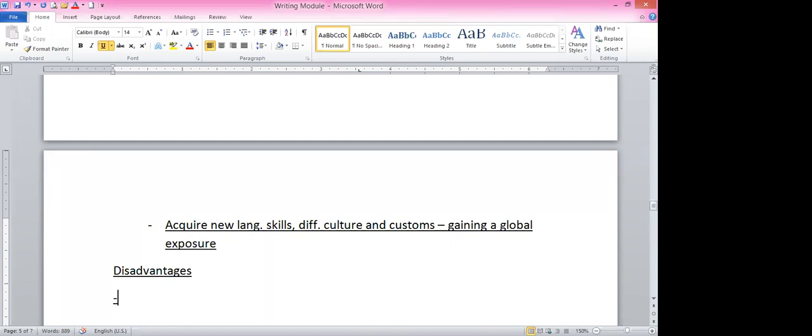Those are 2 separate ideas then. It is expensive, and you stay away from your families. So there is a sense of loneliness, and you also might feel a little depressed as you stay away from your families.